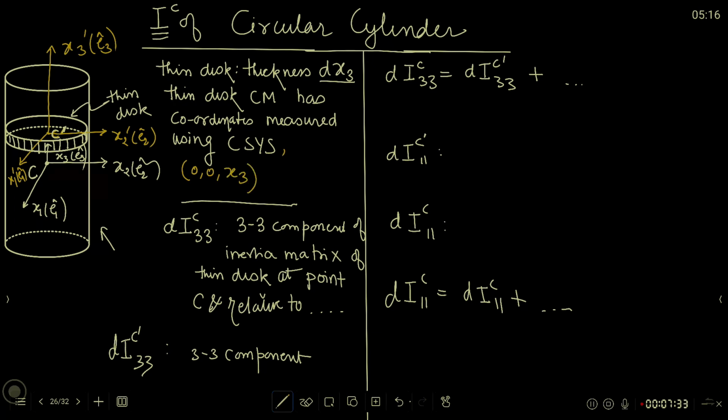So this distance is x3. That's the running variable. Eventually I will do integration with respect to x3. Okay, a thin disk having its center of mass at C prime, which is at a distance x3 from C, the center of mass of the cylinder itself.